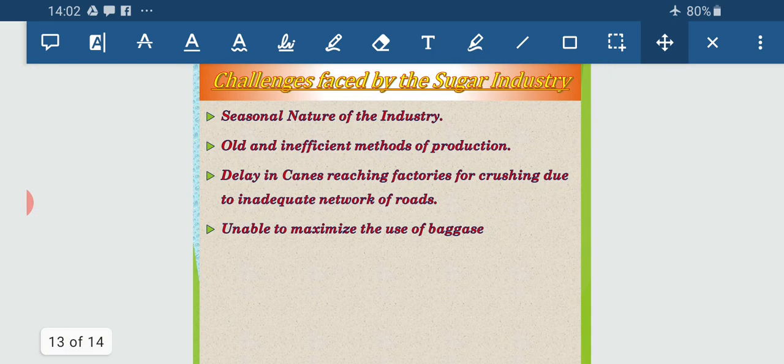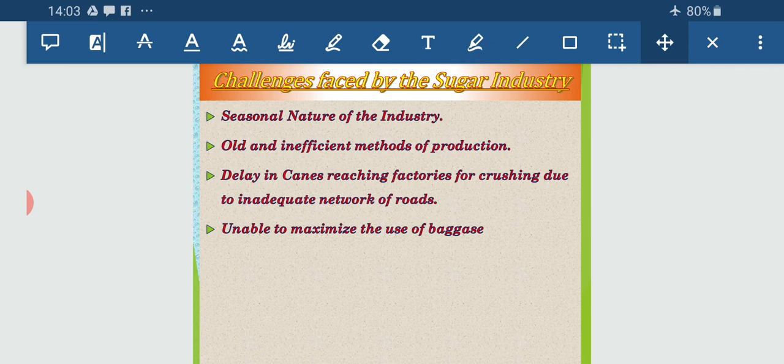Now there are some problems or challenges faced by the sugar industry. One very important challenge is that it is seasonal in nature, because it is not able to produce throughout the year. Number two, they have old and inefficient methods of production.